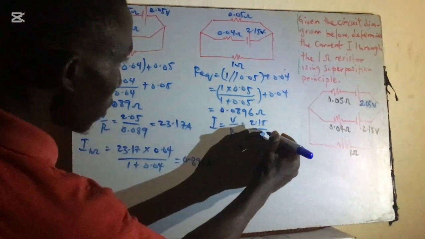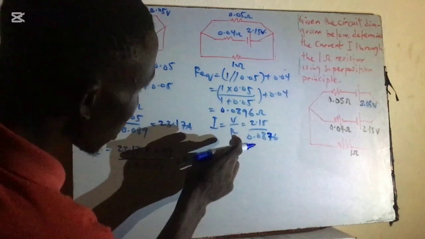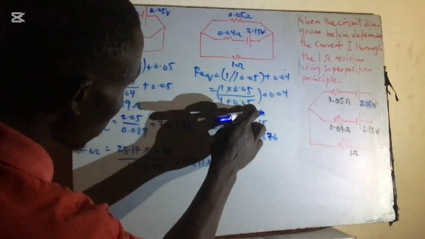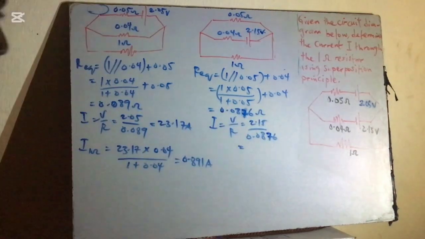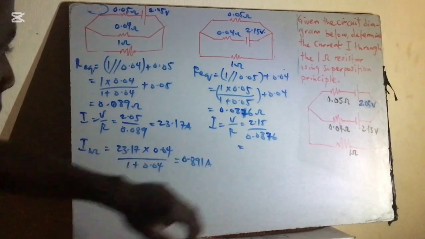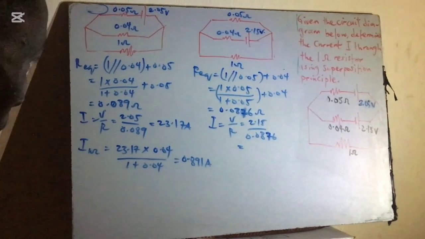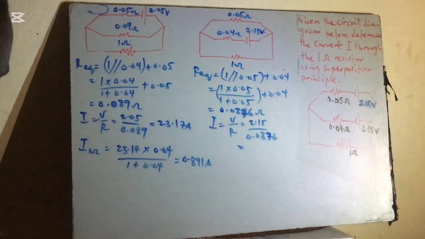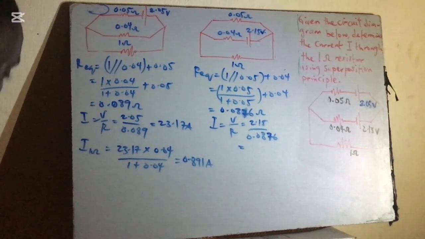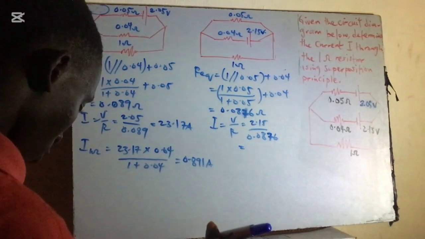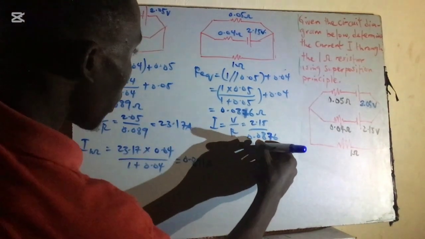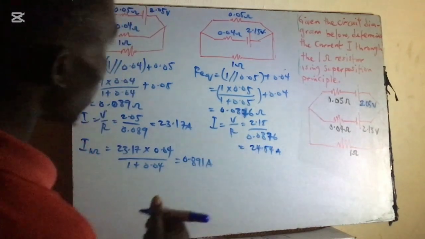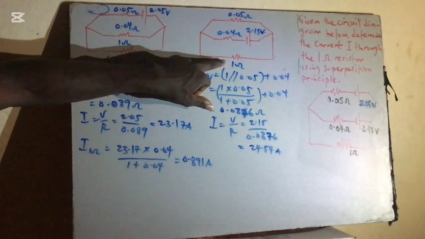It should be 0.876, so this is 7 here. So our current there should be 24.54 amperes. But we do remember that we need the current in this 1 ohm resistor.